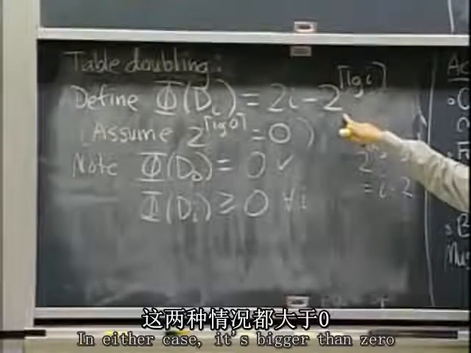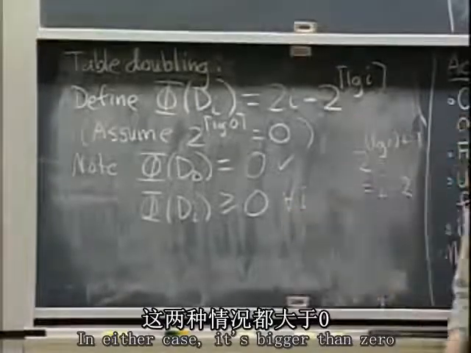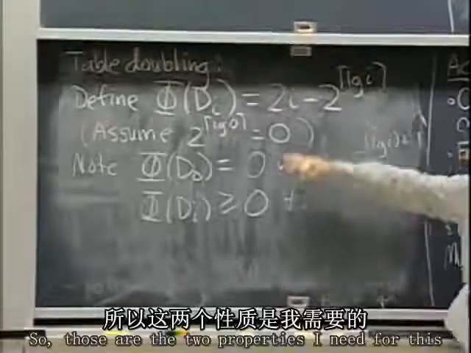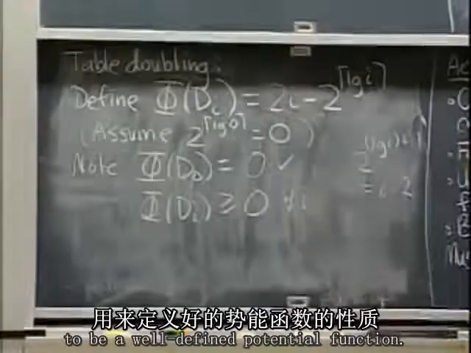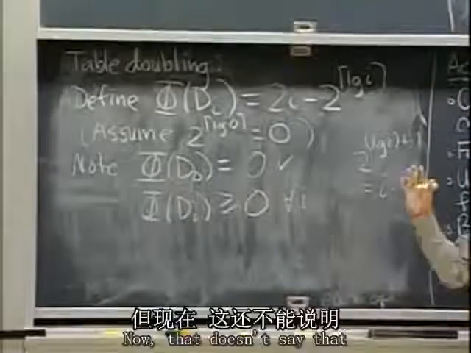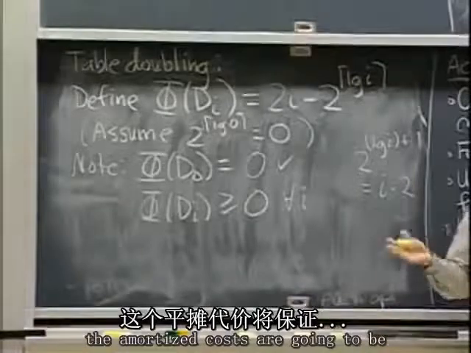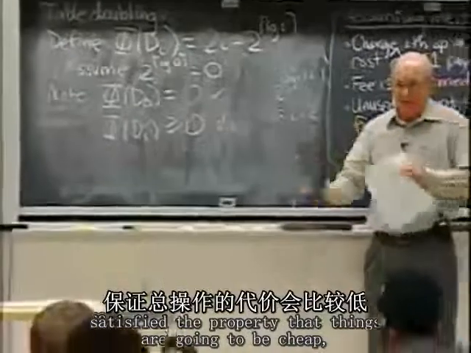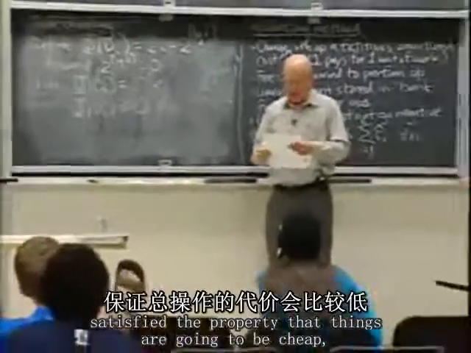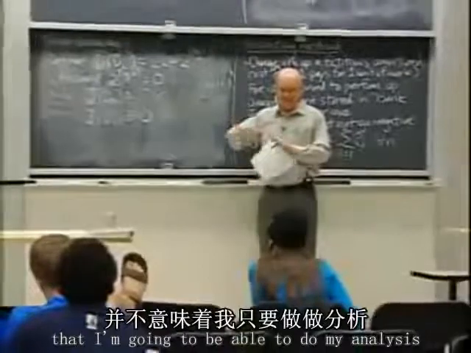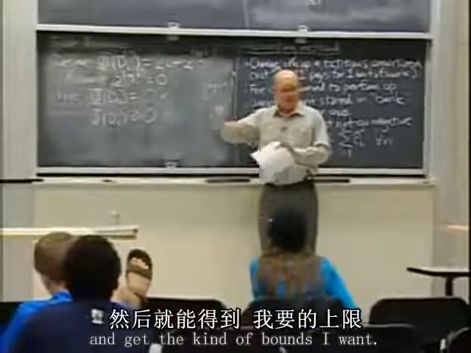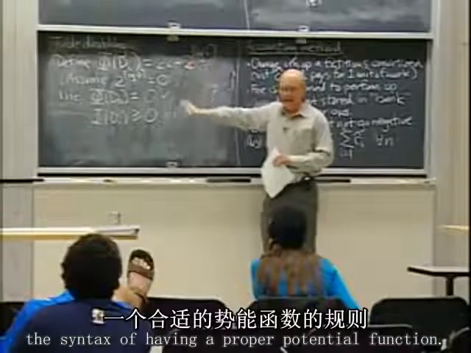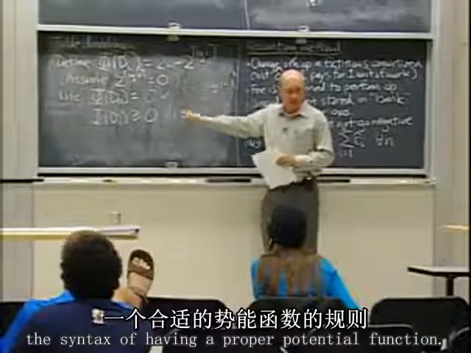In either case, it's bigger than 0. Okay? So those are the two properties I need for this to be a well-defined potential function. Now, that doesn't say that the amortized costs are going to satisfy the property that things are going to be cheap, that I'm going to be able to do my analysis and get the kind of bounds I want. But it sets it up to say, yes, I've satisfied the syntax of having a proper potential function.